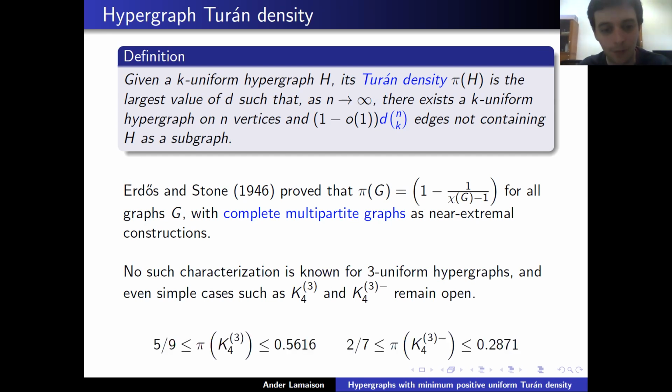Still, even though they remain open, we do have upper and lower bounds, and I want to suggest that we are pretty certain that these lower bounds of 5/9 and 2/7 are likely to be correct. We have some upper bounds that come from flag algebras that do not match the numbers, but they are very close and seem to suggest that, if it is going to be some rational number with small numbers, it has to be these two.